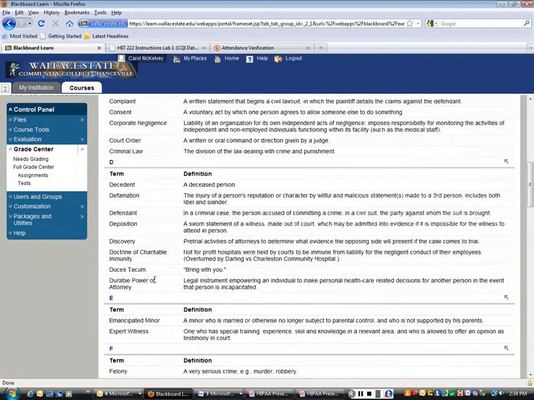Durable power of attorney, we've talked about that, is one type of advance directive that empowers an individual to make personal health care related decisions for another person in the event that that person is incapacitated. Durable power of attorney will be specific.